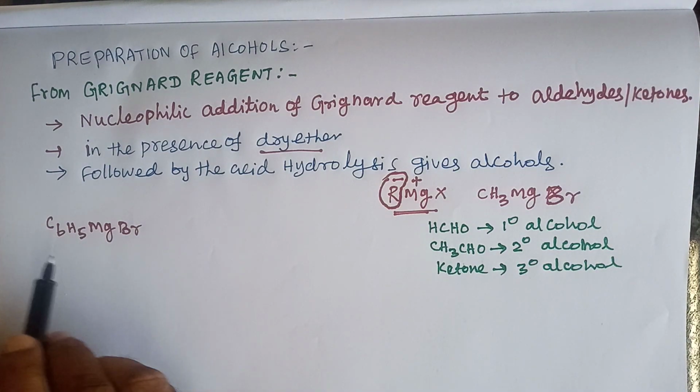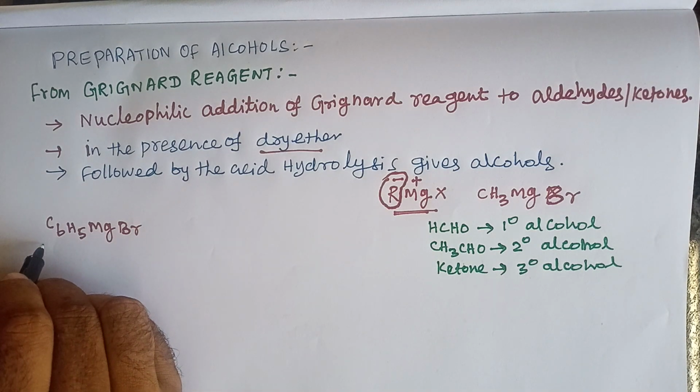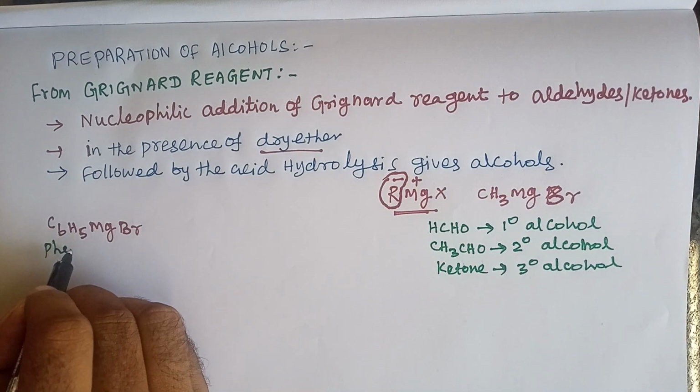Here we are taking phenyl magnesium bromide. The name of this compound is phenyl magnesium bromide; C6H5 is the phenyl group.